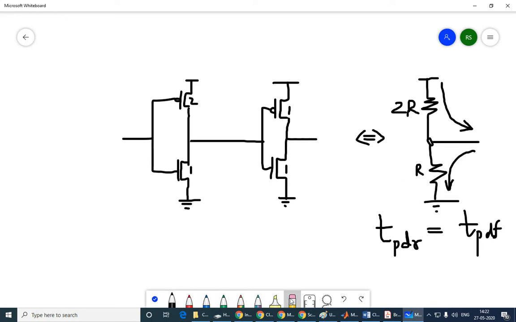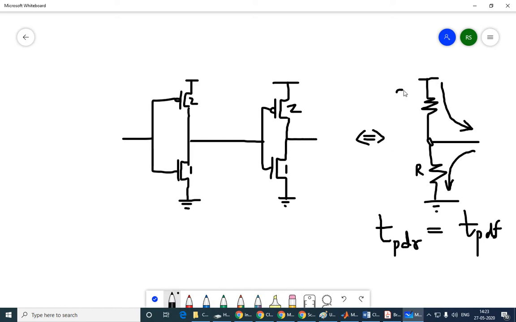The way I do that is, instead of putting 1 and 1, put this as 2. If I do that, then what will happen to this resistance? Nothing has changed, so this stays the same. But if you see the PMOS transistor, what is the value of this resistance?